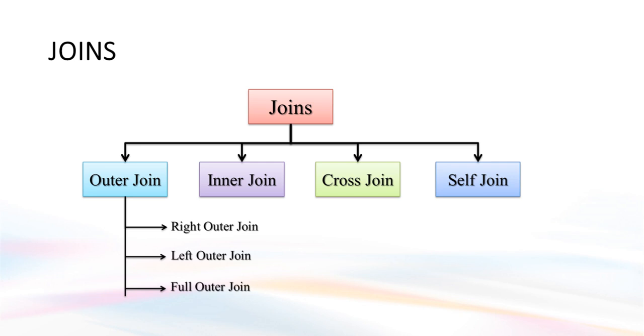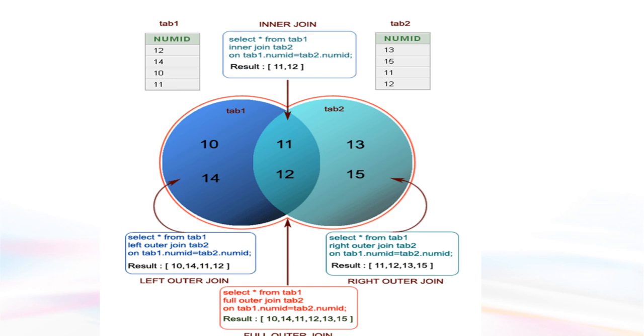Now let us see how these joins work with a simple example. If you understand this picture, it is very easy to work with joins. Here I have a table 1 which contains a column called num id with some numbers.